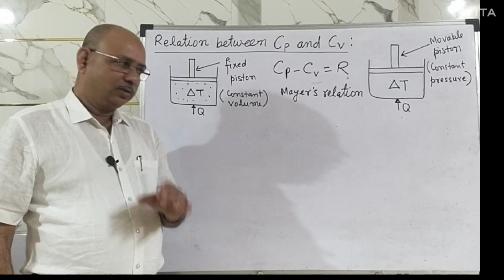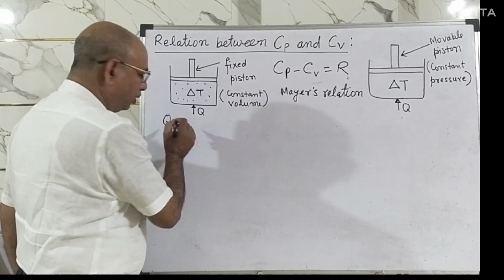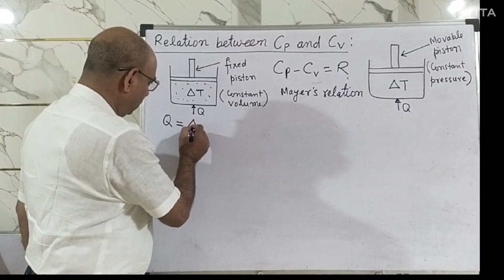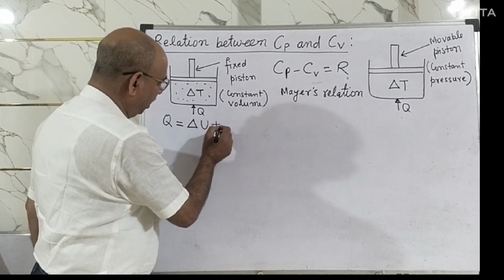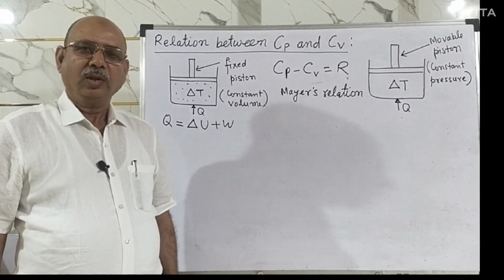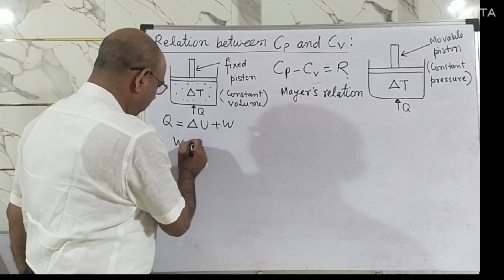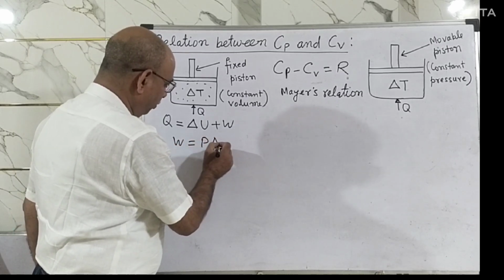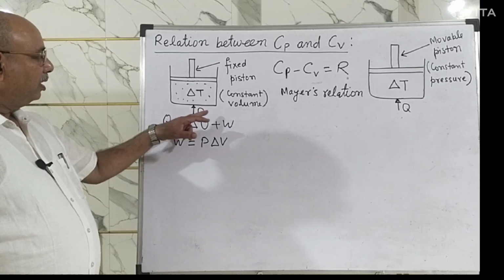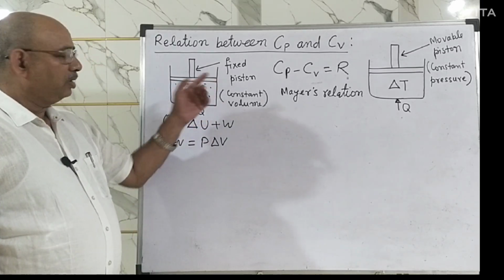Then from the first law of thermodynamics, heat supplied Q is equal to increase in internal energy plus work done. We know that work done W is equal to P delta V. Here heat is supplied at constant volume.